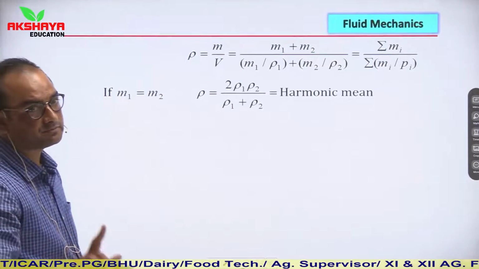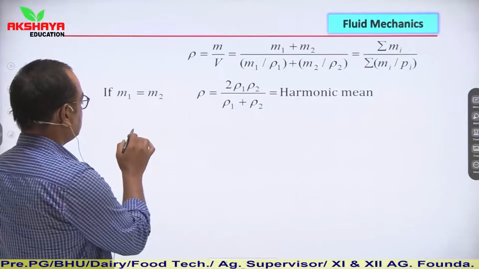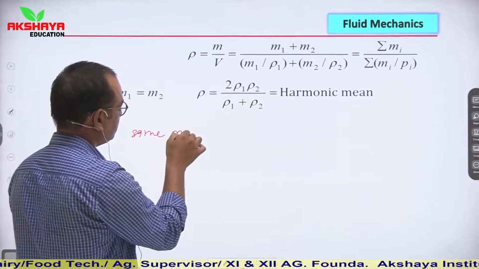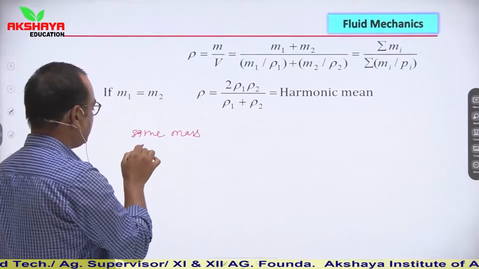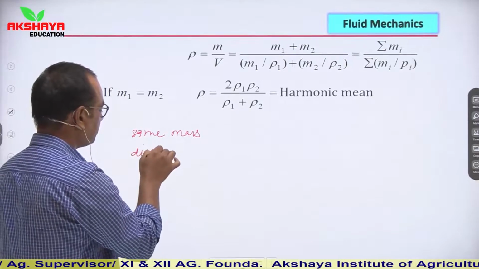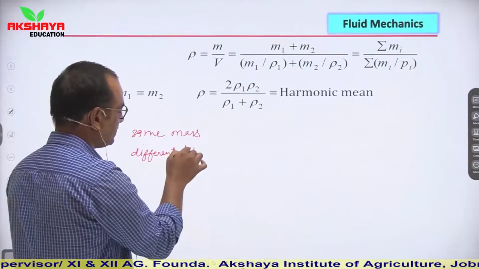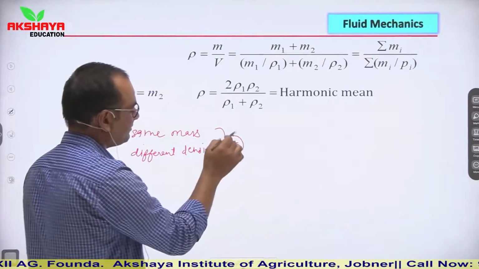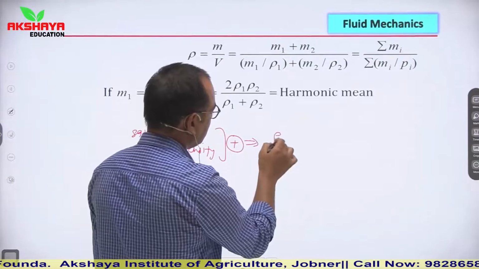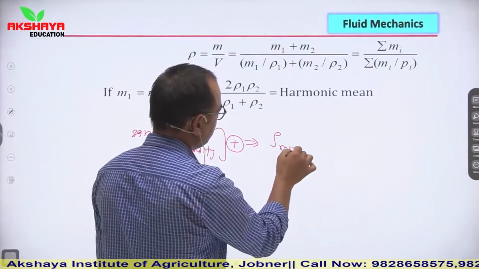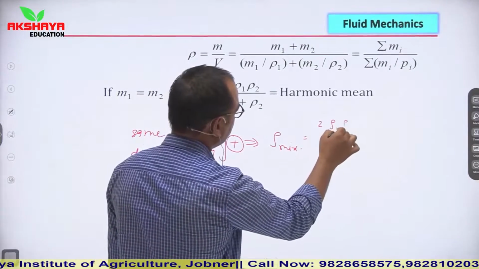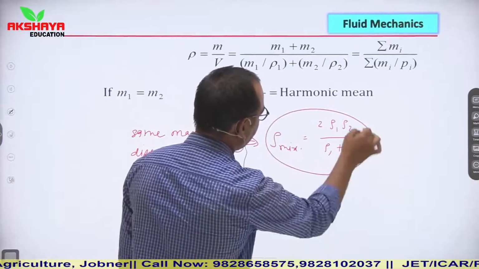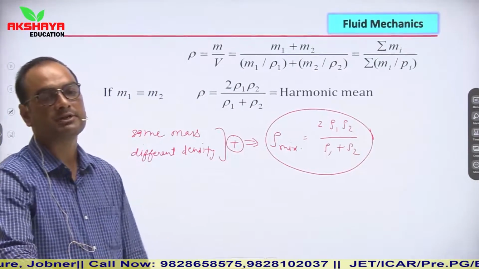If we are given the same mass and different density liquids are mixed together, then ρ mixture is equal to 2ρ1ρ2 upon ρ1 plus ρ2, which is the harmonic mean of the densities of the liquids mixed together.